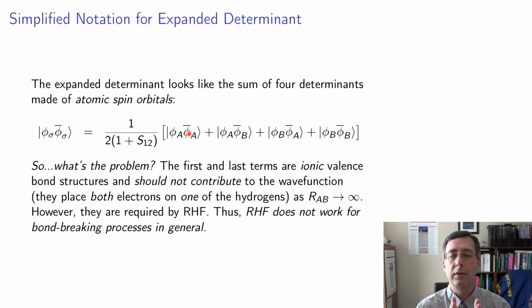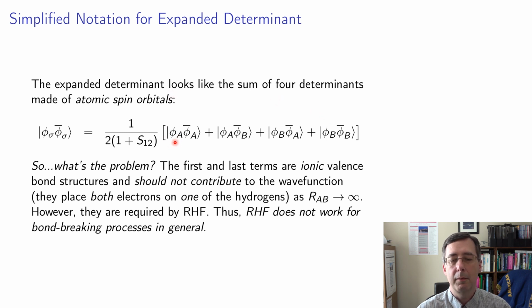This is a little bit of a weird thing to do, but this is a little easier to visualize. And I get a normalization constant out front. So my molecular orbital version for the Slater determinant can be rewritten as a sum of 4 Slater determinants made out of atomic orbitals in this case.